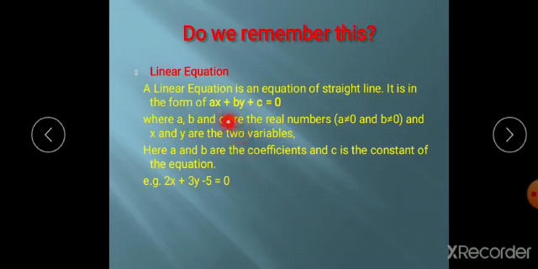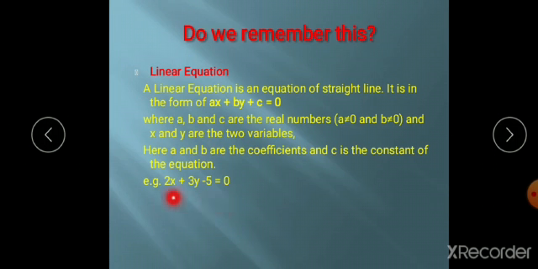Now, x and y are called the two variables. ax plus by plus c is the standard form of a linear equation in two variables. You know how to find the solution for a linear equation. For example, 2x plus 3y minus 5 equal to 0.